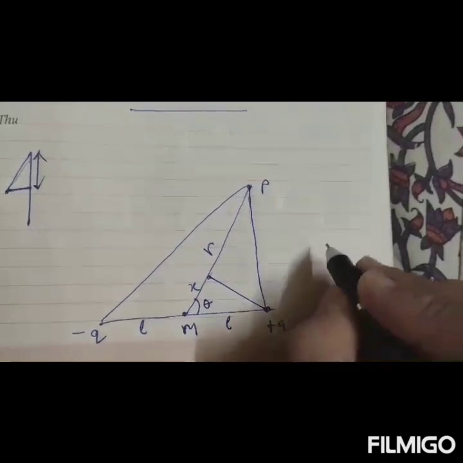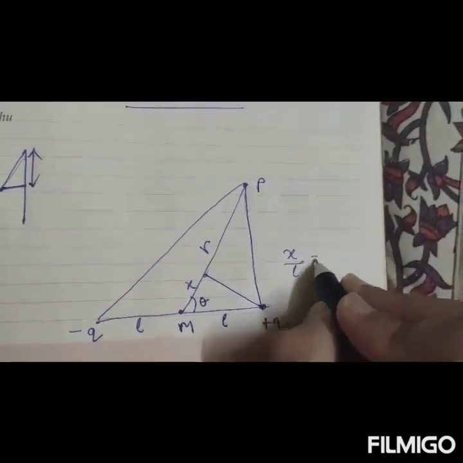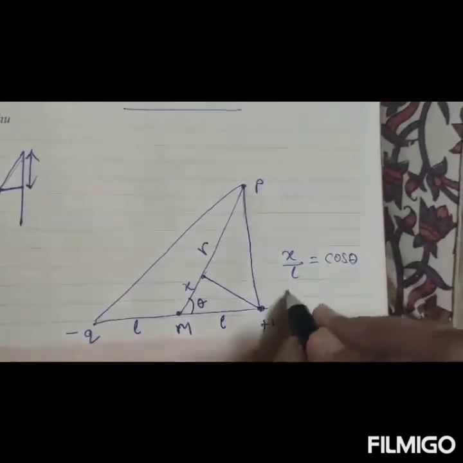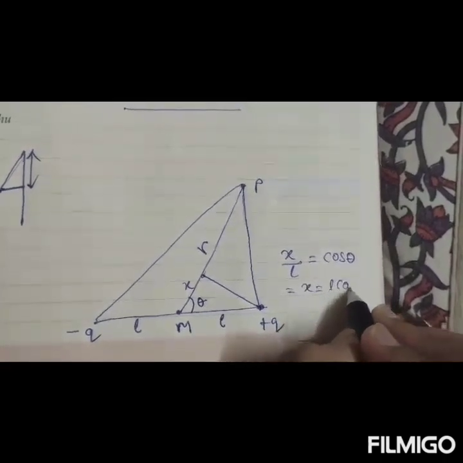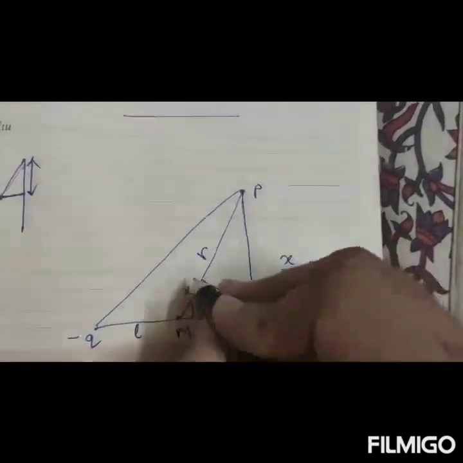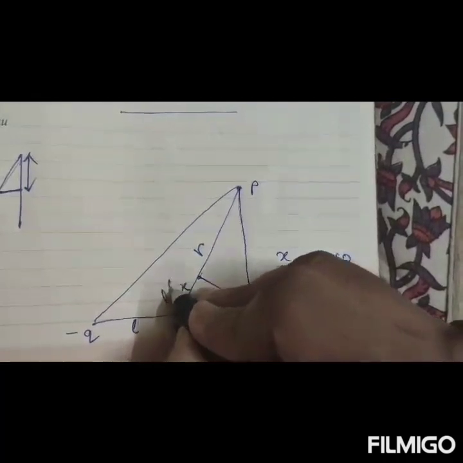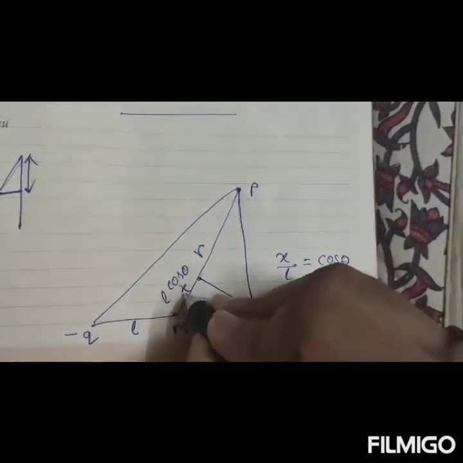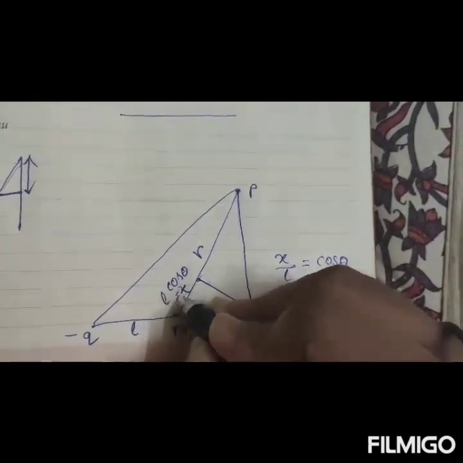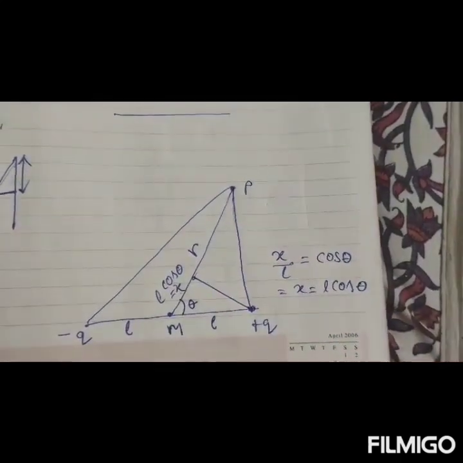So what is your x? x equals L cos theta. So this side is your L cos theta.